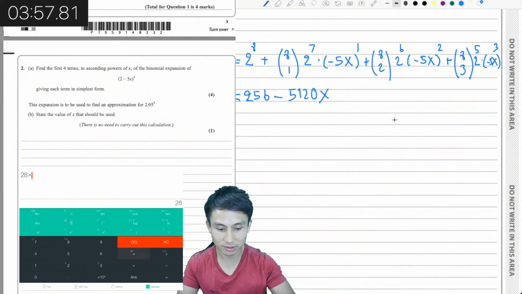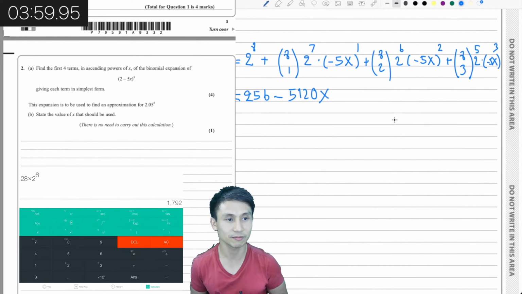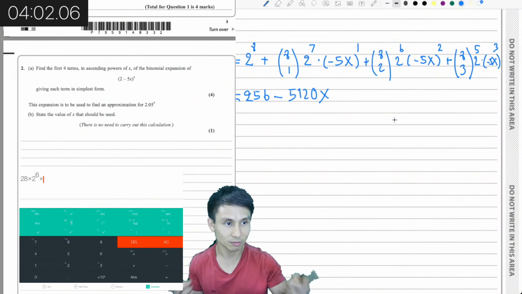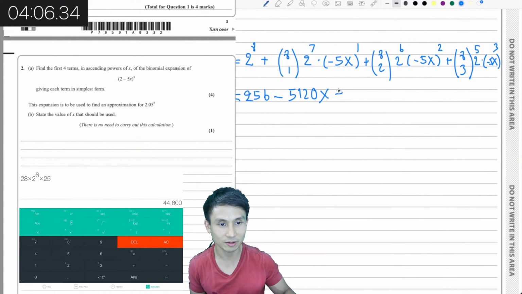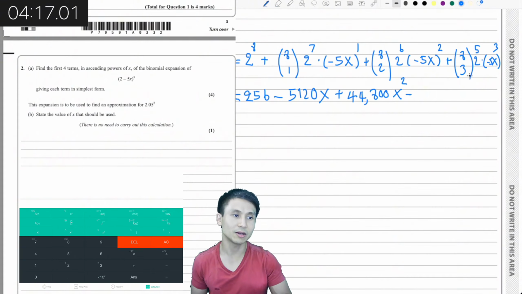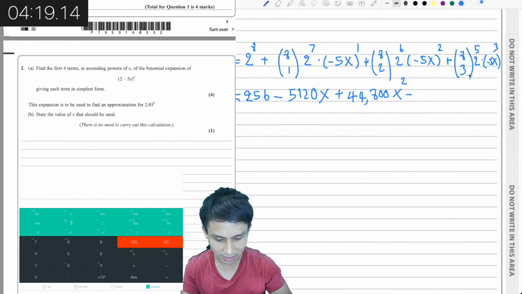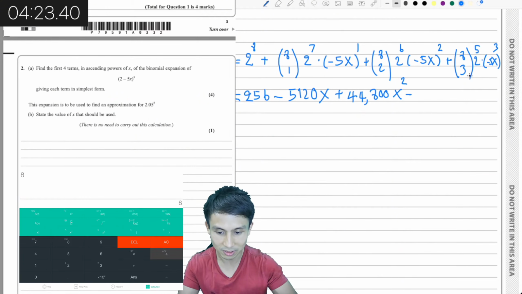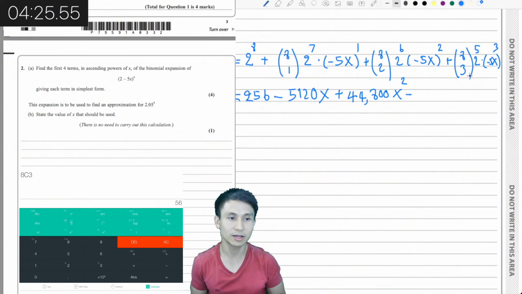28 times 2 to the 6. And then minus 5 squared is just 25, so we just do that. So that would be 44800x to the power of 2, don't forget. And then the last one should be negative because we have 3 minuses here. And 8c3 is a little tricky, so maybe I put that in the calculator. 8c3 is 56.